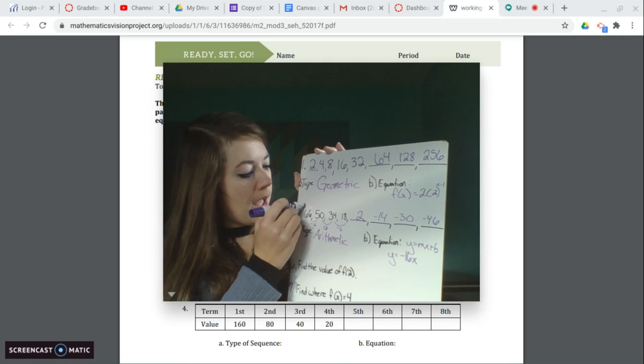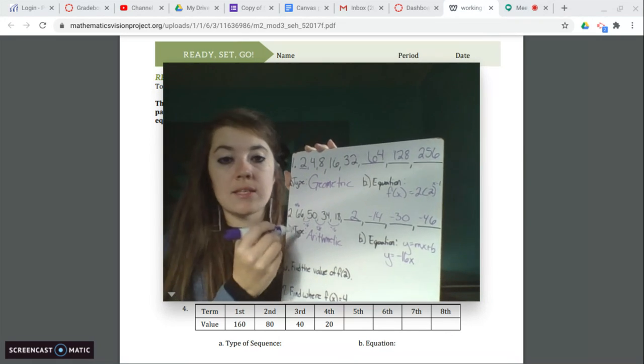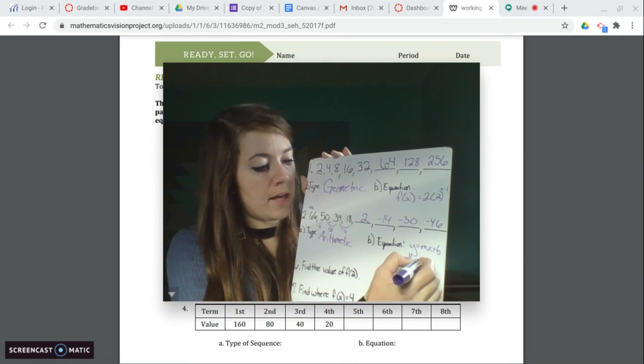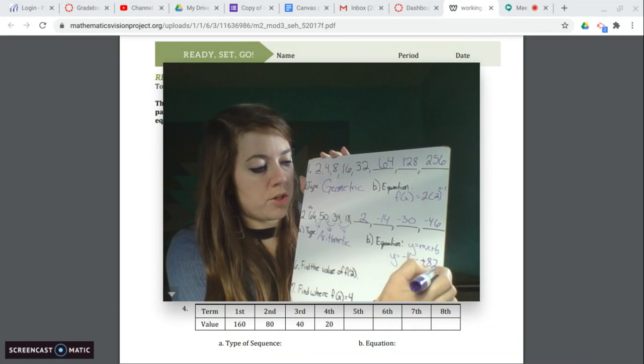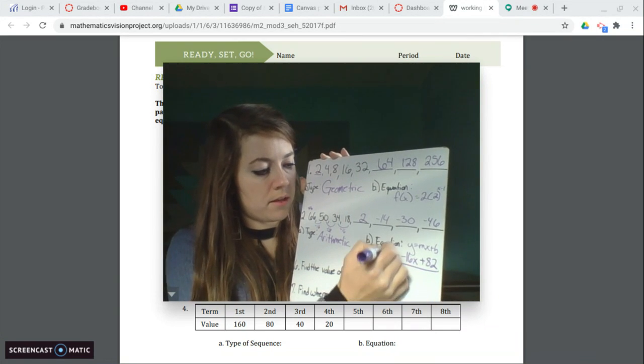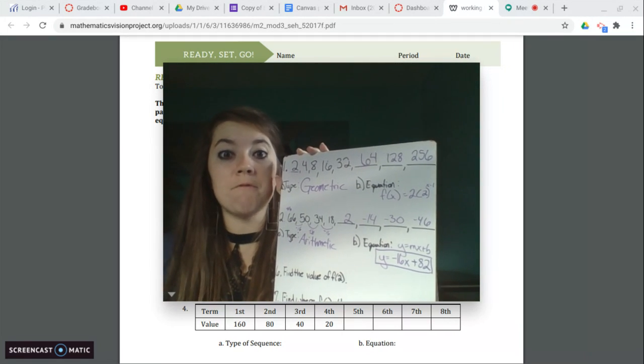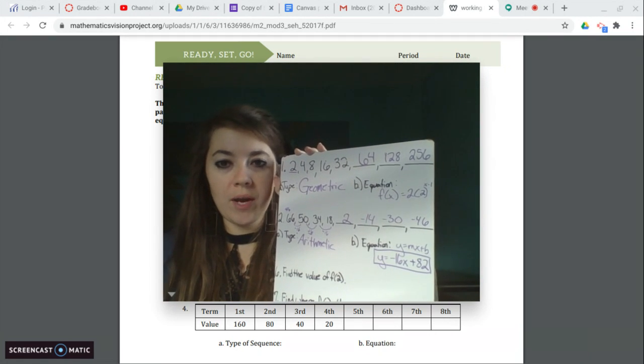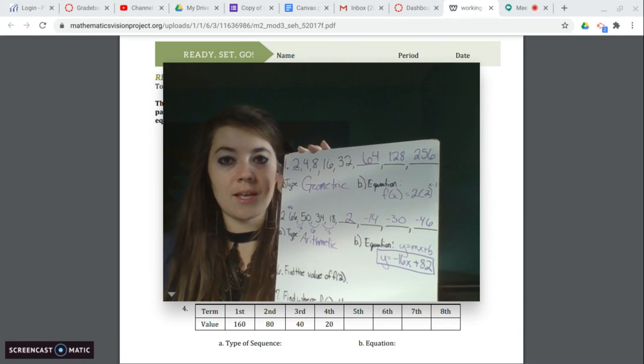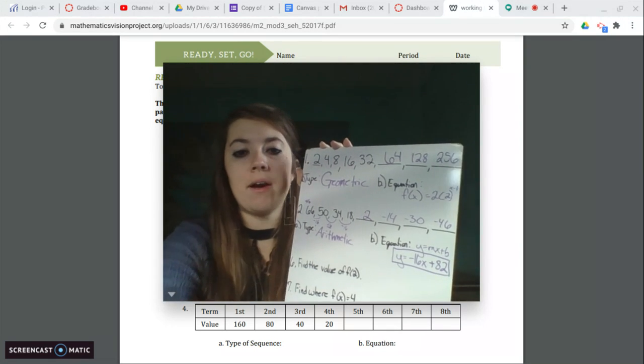So if we add 16 to 66, we're going to get 82. So this is our equation. Once again, you need a variable in order for it to be an equation.